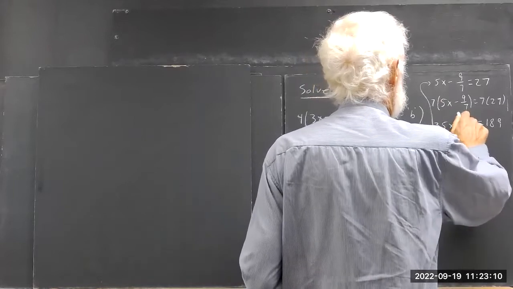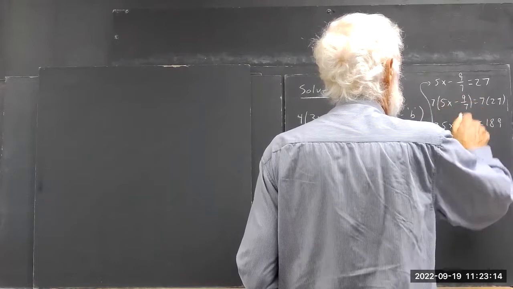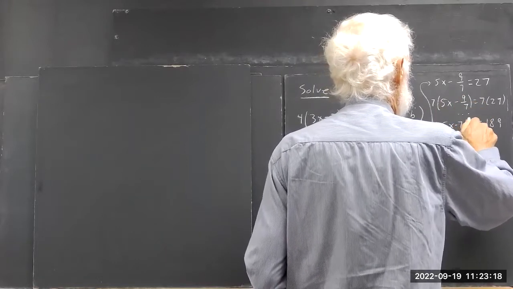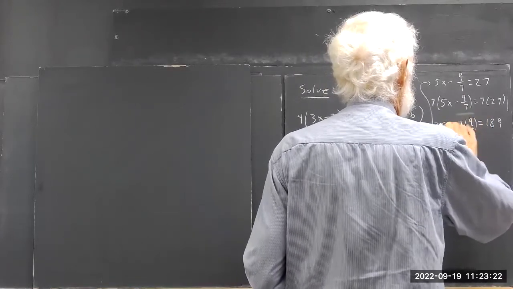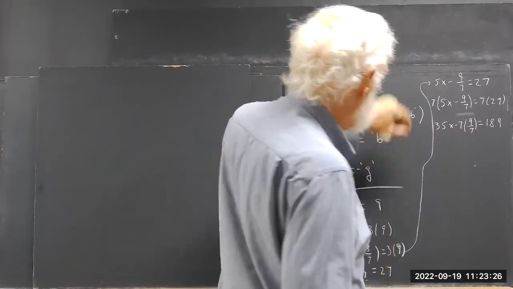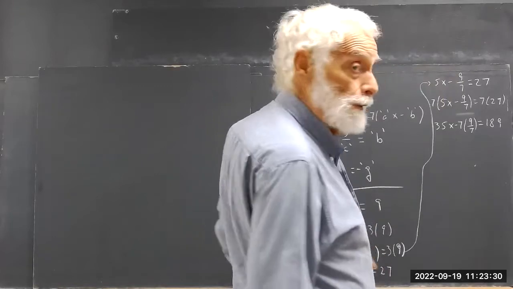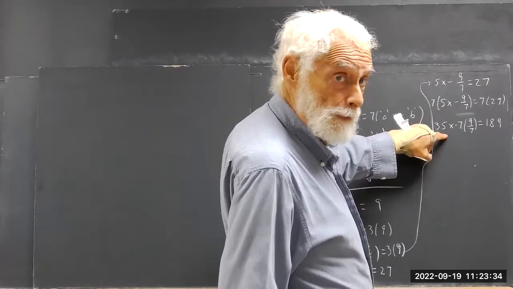And I've got some dots. 7 times negative 9/7. Well, I better write it 7 times 9/7. So really, not many dots there. I didn't write out 7 parentheses 5x like I did here, but we understand that we're multiplying 7 by 5x to get 35x.